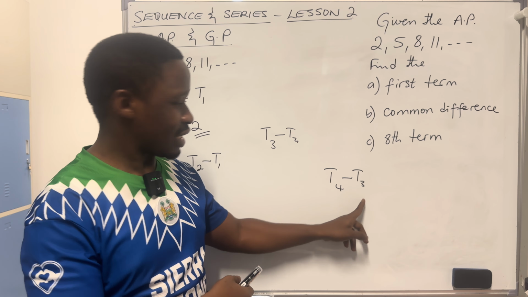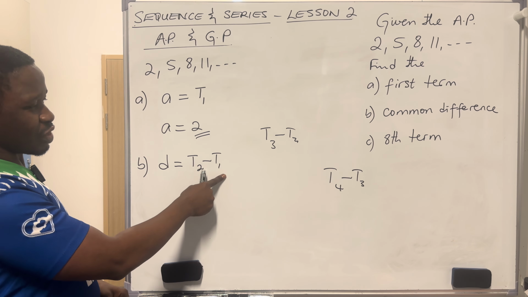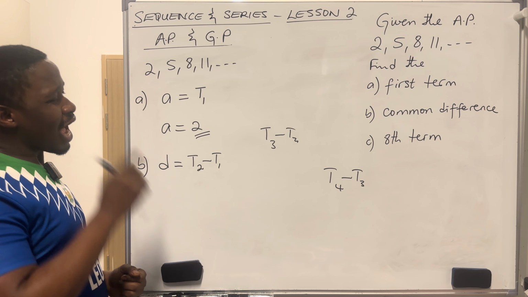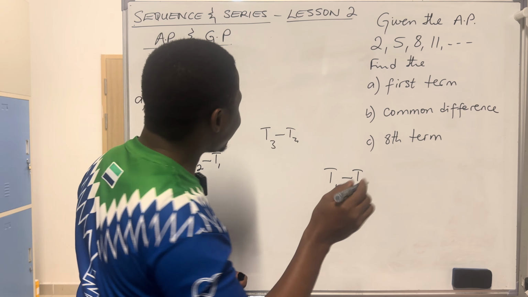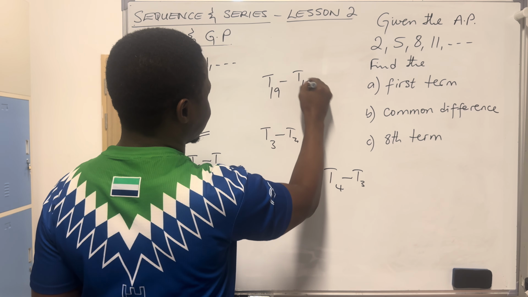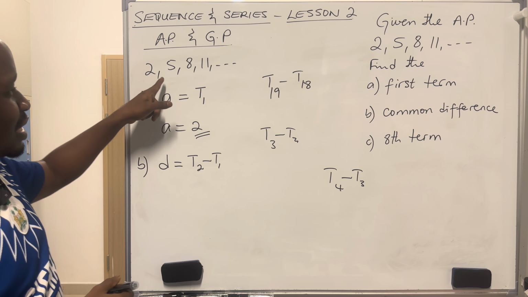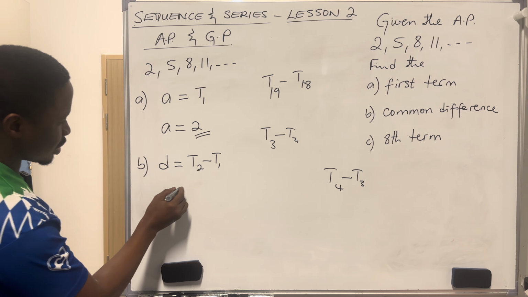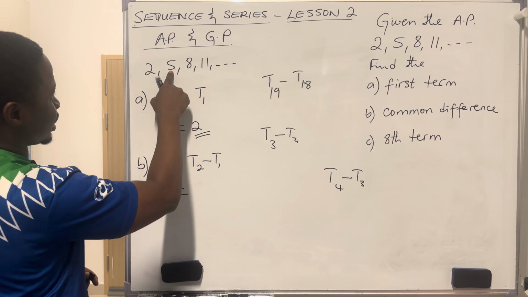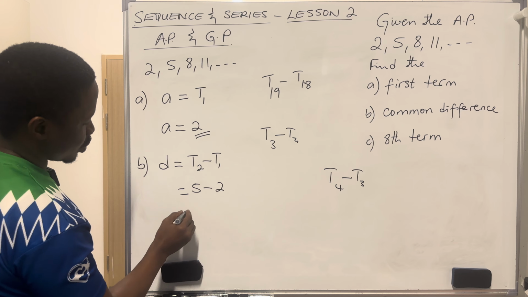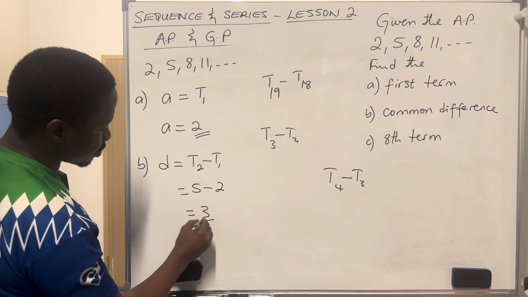T4, you say T3. T2, you have to say T1. Once you say T3, it's a must to say T2. And do not forget that you have the right to say T19 minus T18. But what is given has no T19, no T18, so be careful with that. The second term is 5. The first term is 2. So this gives us 3.